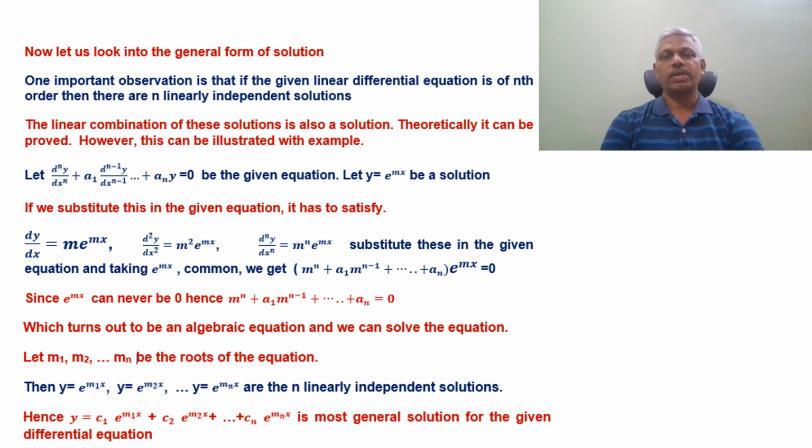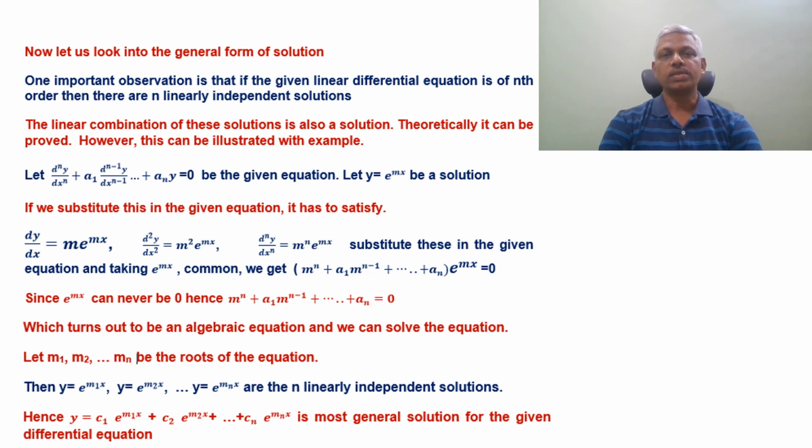One major advantage of linear differential equations is that if we know two functions f(x) and g(x) are two solutions of the linear differential equation, any linear combination of the functions also becomes a solution of the given equation.